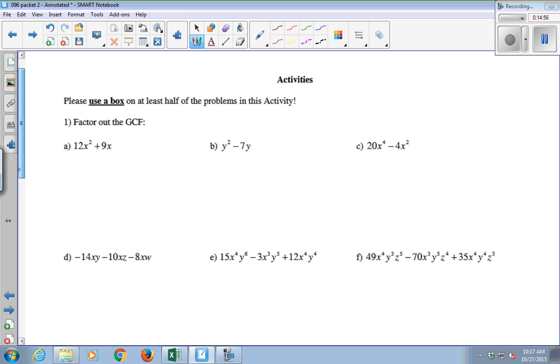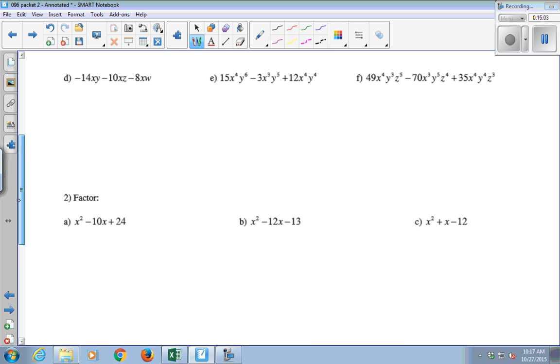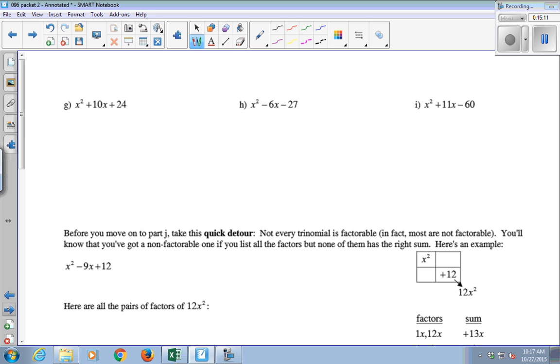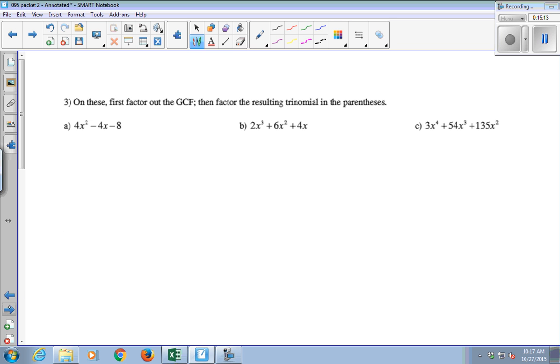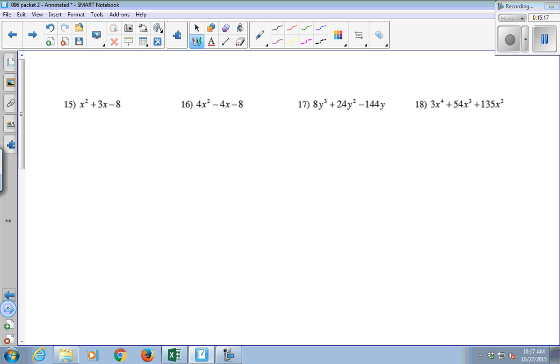And you're going to do number 1 where it says factor out the GCF. All the problems in number 1, and stop when you get to number 2. If you finish all of number 1, you can go to the even more practice. Did I miss it?